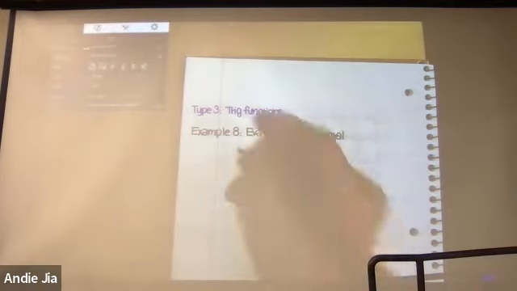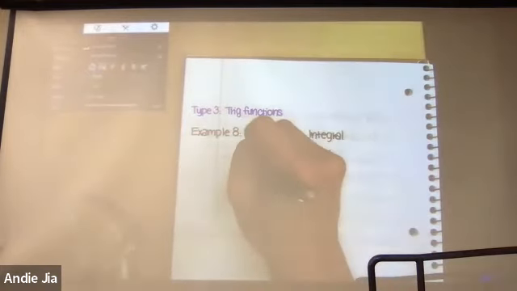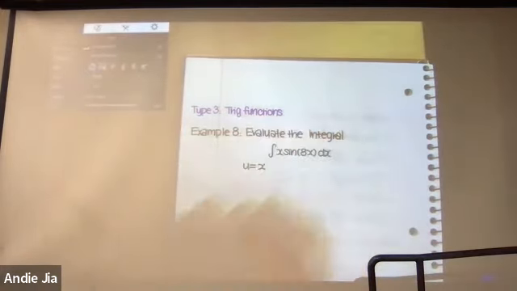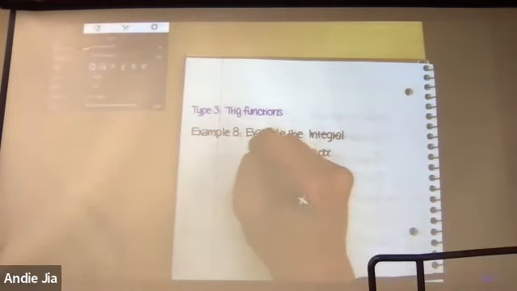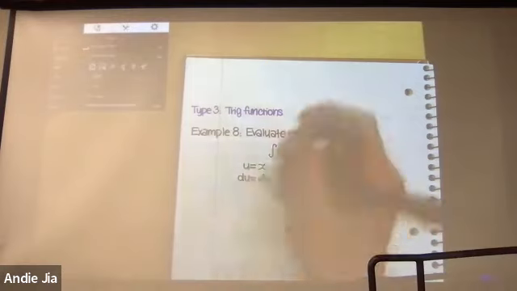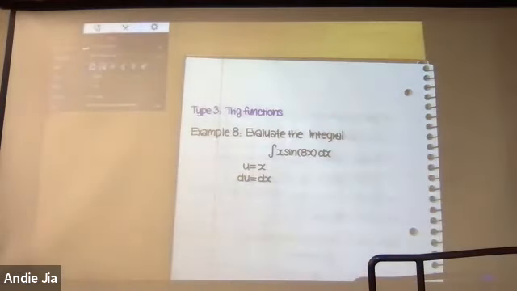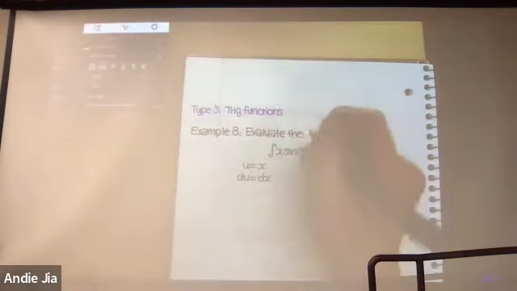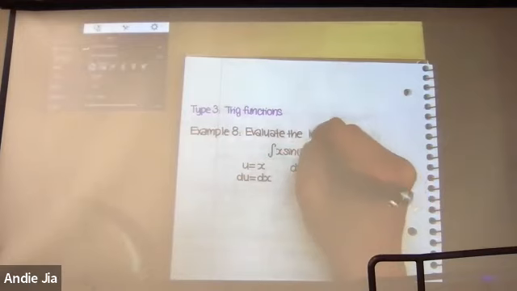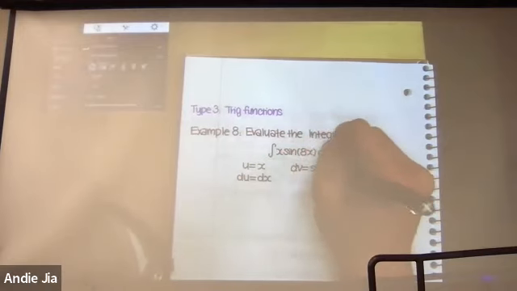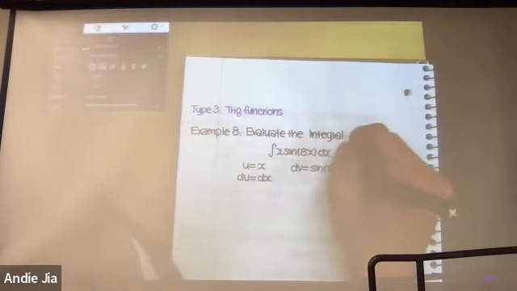If we let u equal x, then du is dx. And then dv is sine of 8x dx.